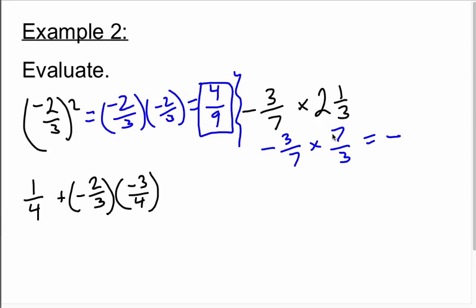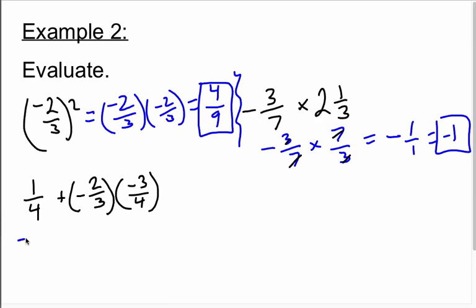Now 3/7 times 7/3 actually gives you 1. You'll see the 7s will cancel, the 3s will cancel. We're just going to get 1 out of 1, or just negative 1. You could also multiply them out. You can see you're going to get 21 out of 21, which also gives you negative 1.